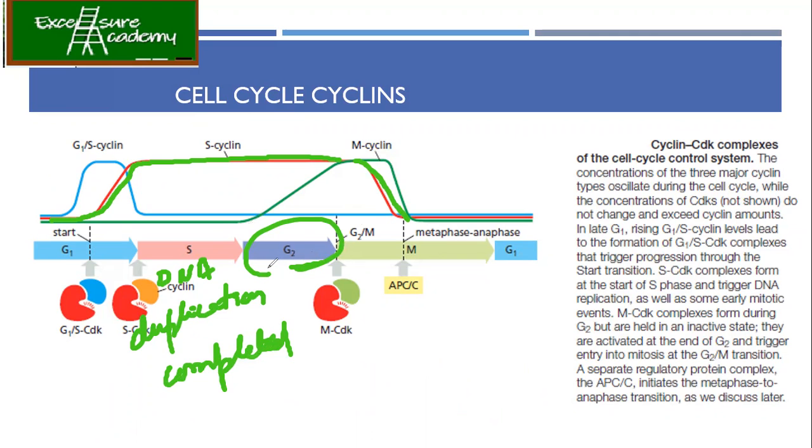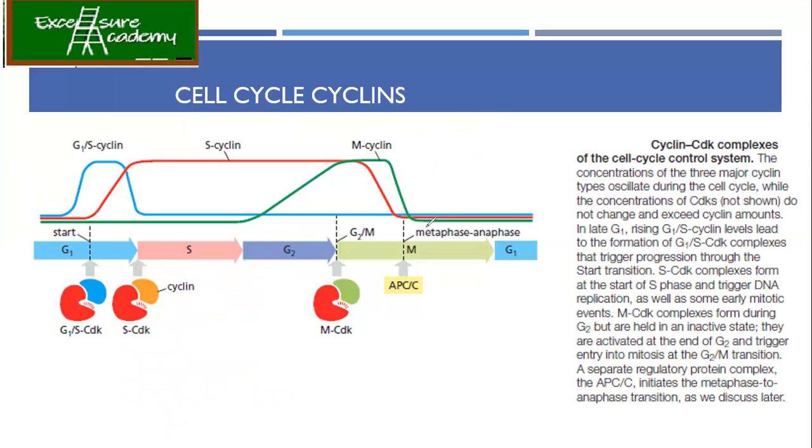So at that point, towards the end of the S phase or the start of the G2 phase, your M cyclin, or cyclin A and B, will start increasing. It keeps on increasing, and towards the end, at the metaphase-anaphase stage, it will start decreasing.